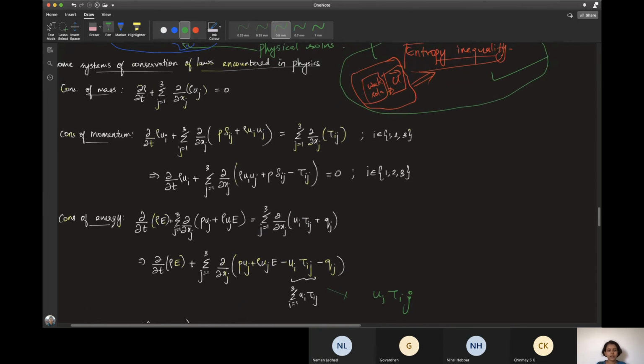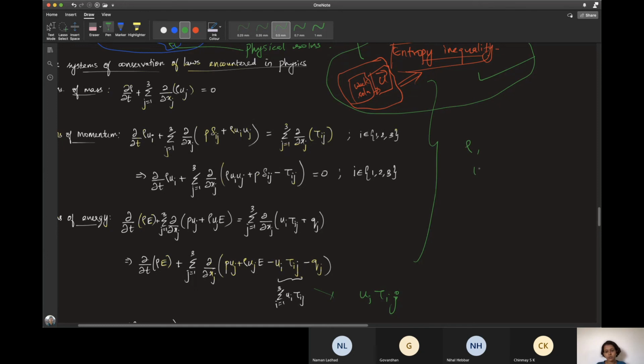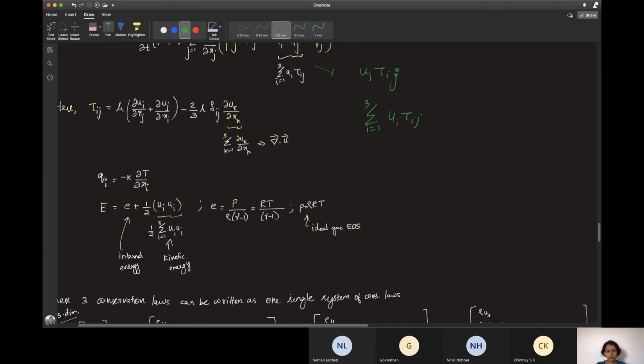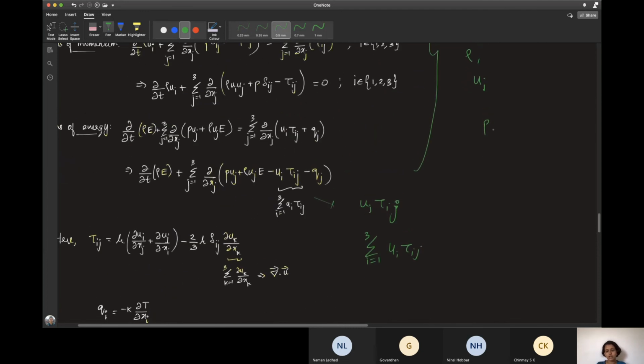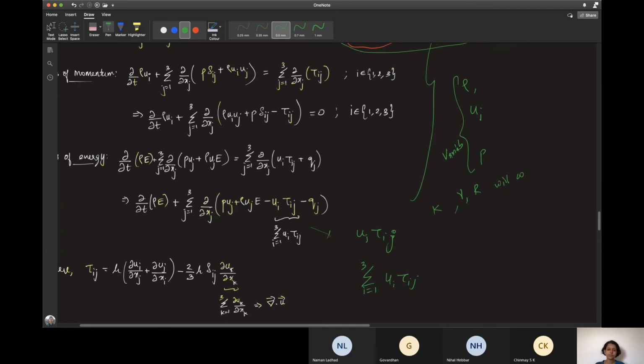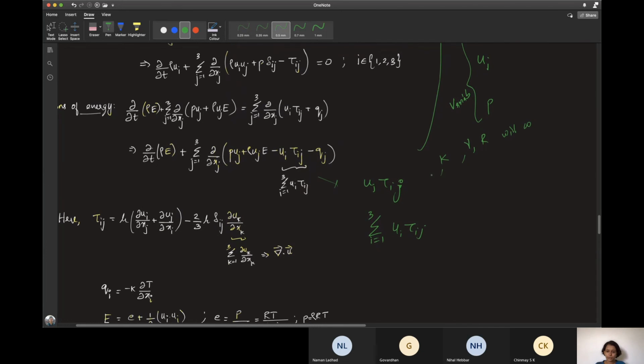If we do that, then in these three equations, the only variables will be rho, ui, and p. We can choose p. These will be the variables, and gamma and R will be constants. Also k, mu, everything. All of these will be constants.